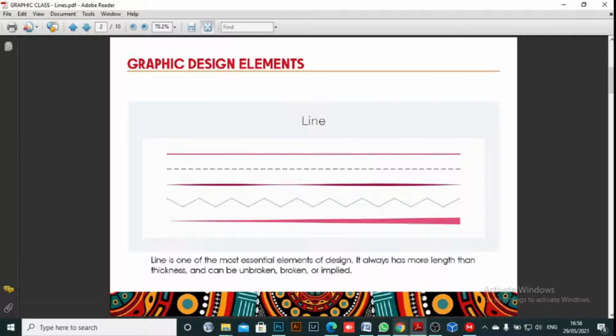Lines are used to separate elements from one another, and can be used to connect and also to provide a central focus. If you want to focus on a particular element, you can use lines to achieve that.